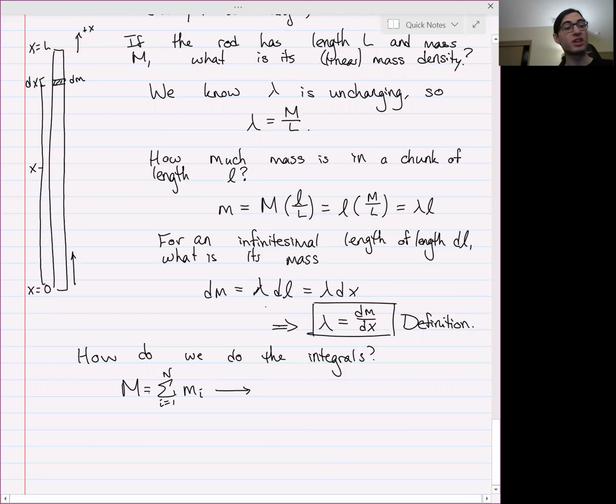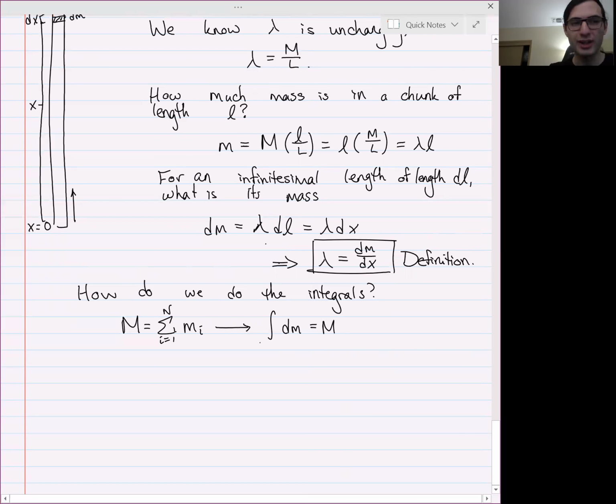So if the object is continuous, then that would just be an integral of dm. And that should still be equal to the total mass. But the question is, this is not an antiderivative. This is like a real number. So it has to have limits.